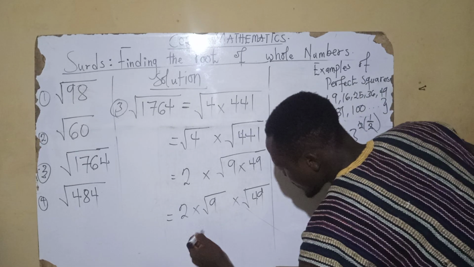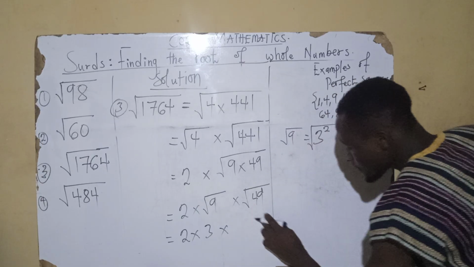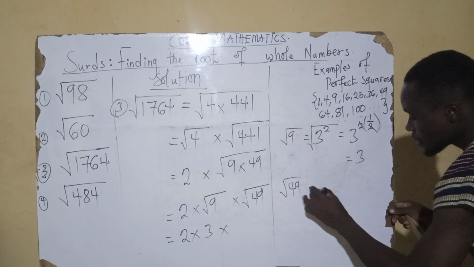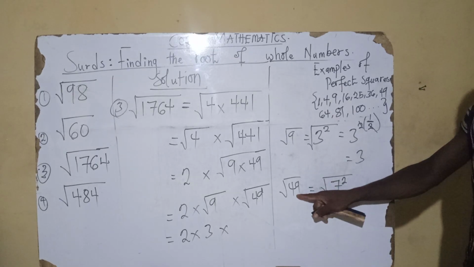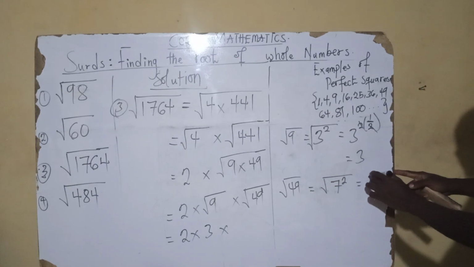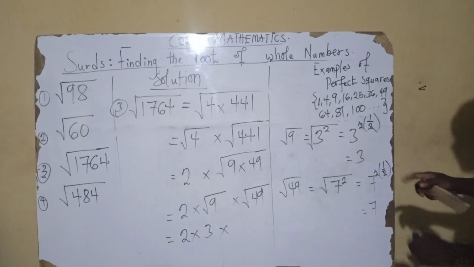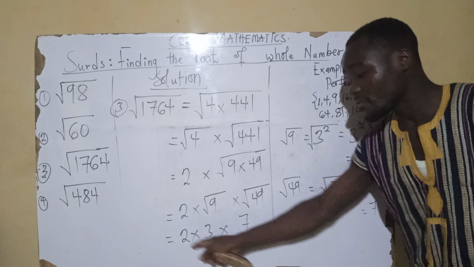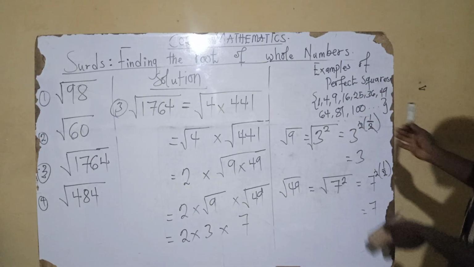So this gives me 2 times 3 multiplying the same, and if I have root of 49, the same as root of 7 squared. 7 squared is the same as 49. So here I have 7 power 2 or power half. So here it will cancel out, giving me 7. So I'm going to get 7 over here. So here I multiply, because I have whole numbers throughout, I just multiply the whole numbers, then I will move on with life.